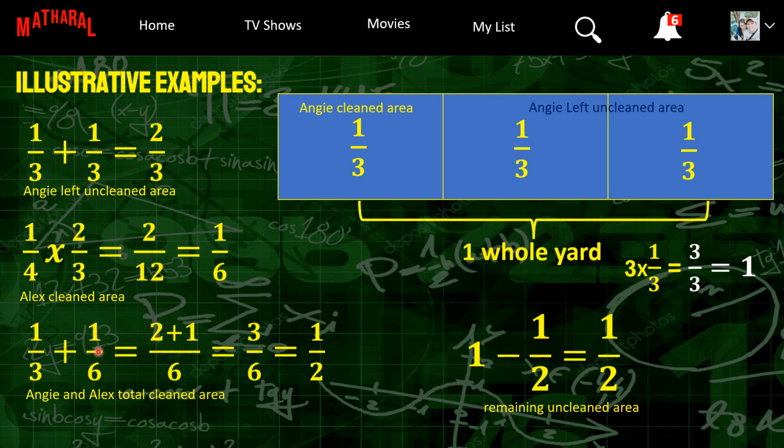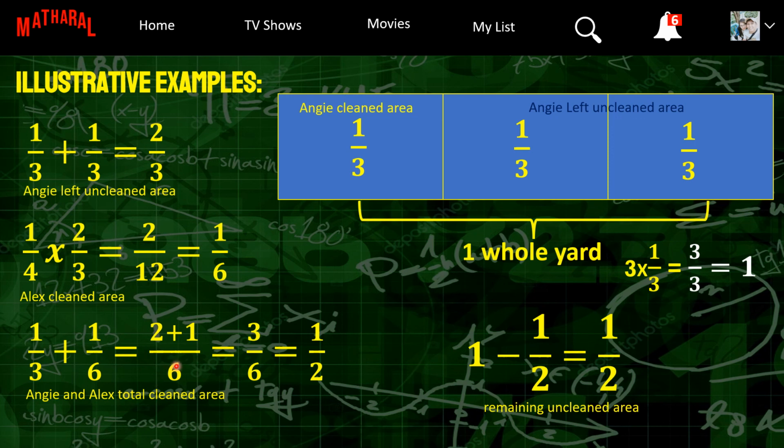Ayan po, nakalagay 1 over 6. So, eto, dahil sila ay dissimilar fractions, ang gagawin po nyo po dyan is to know the LCD, okay, of these two fractions.